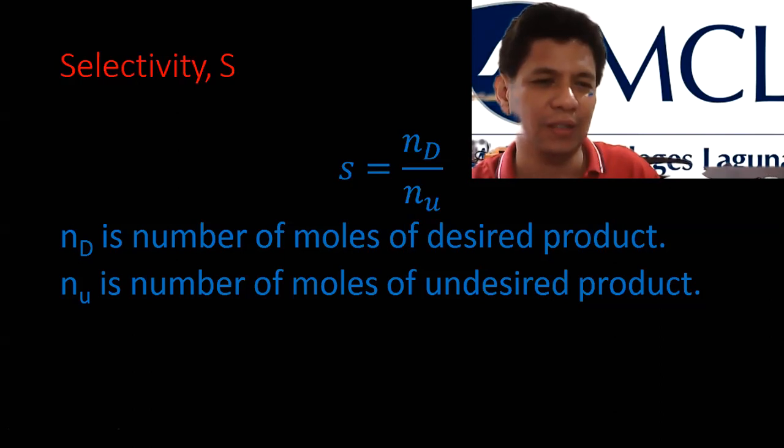Usually the wanted reaction produces the desired product, and the other reaction produces the undesired product. So most of the time we want to optimize the conditions so that more of the desired product is produced. So that's the practical use of selectivity. Let's try to solve some problems regarding selectivity.